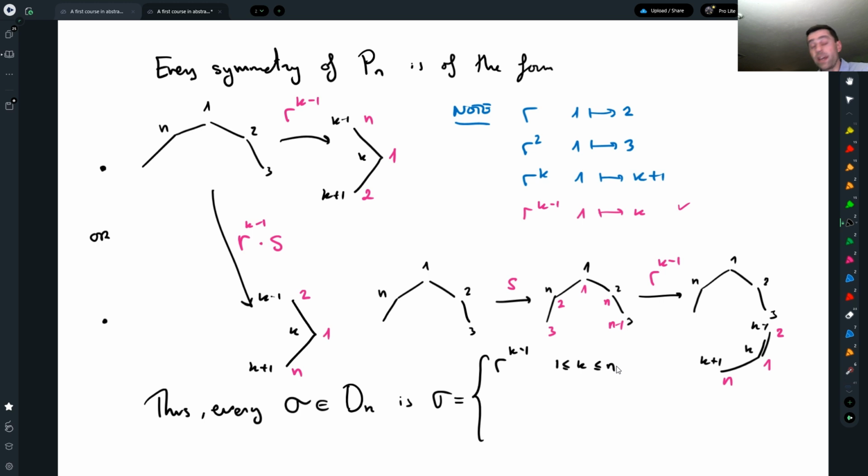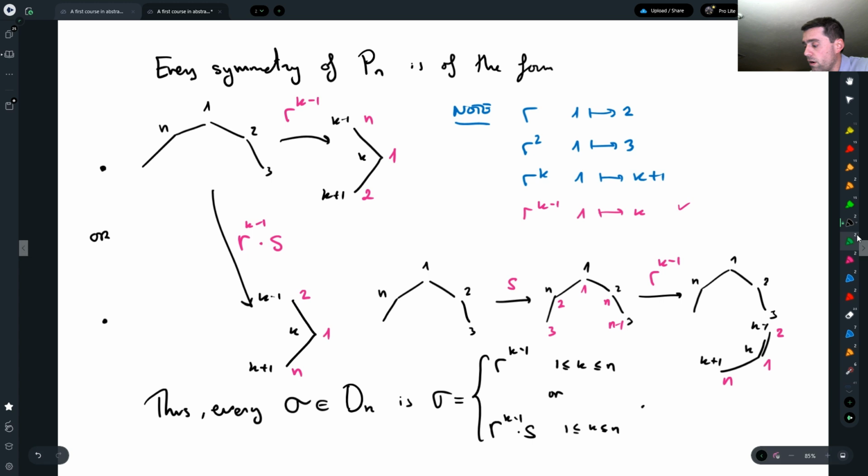For k equals 1, I get the identity element. For n, I get the last rotation before a full rotation. Or of the form r to the k minus 1 s, also with k between 1 and n. And we've shown that everyone is of that form.